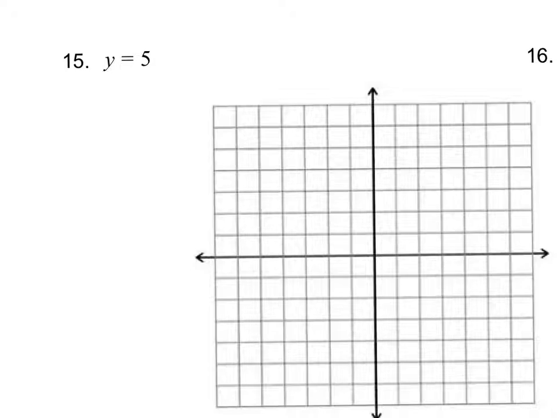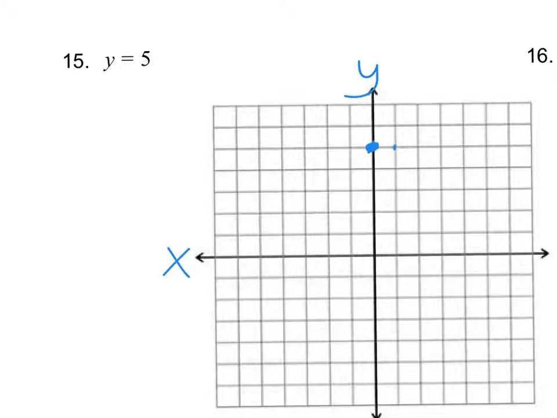So to do that, if you think about, well, where is y equal to 5? And remember, this is your y-axis, this is your x-axis. So y equals 5 would be here. But that's just one point where y is equal to 5. We want y could be 5 and x could be anything. Well, this is the point where y is equal to 5 and x is equal to 0.